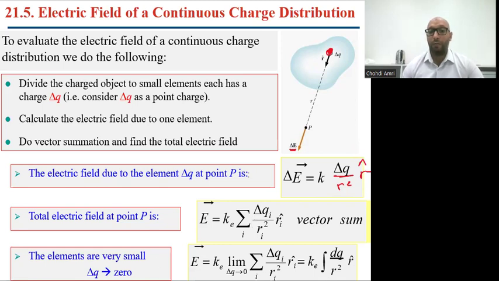And if we assume that delta Q tends to zero, that means a very small element of charge, then the electric field E produced by a continuous charge distribution would be K times the integral of dq over R squared multiplied by the unit vector.